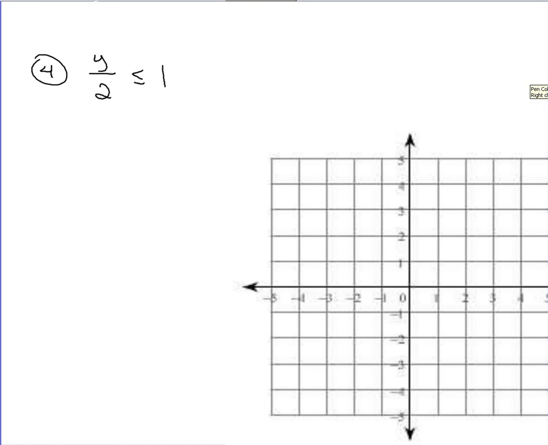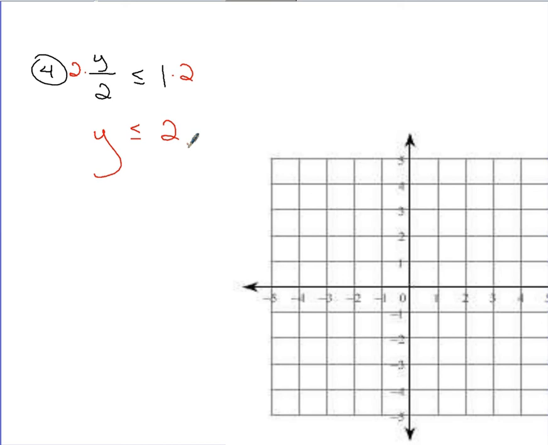Well, the way this one's set up, following the same theme as the rest of them, solving for y has made sense. So if I solve for y here, I'm just going to multiply both sides by 2, right? So y is going to be less than or equal to 2. And I could relate that to slope-intercept form if I want to, but really, what kind of line is that?